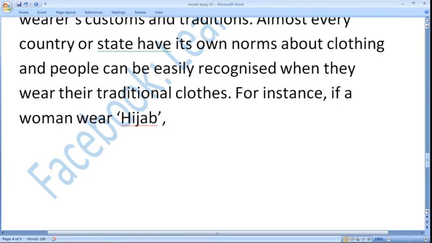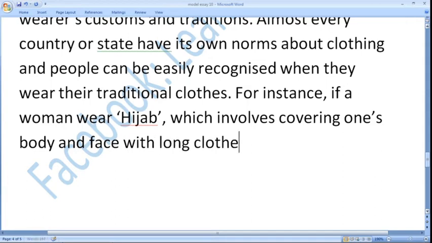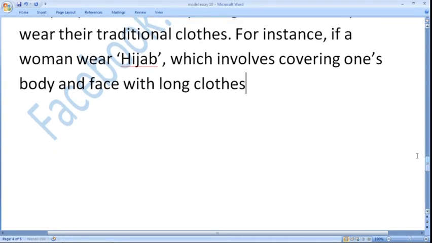I would write a non-defining relative clause. This is extra information to tell the reader what a hijab is, which involves covering one's body and face with long clothes.